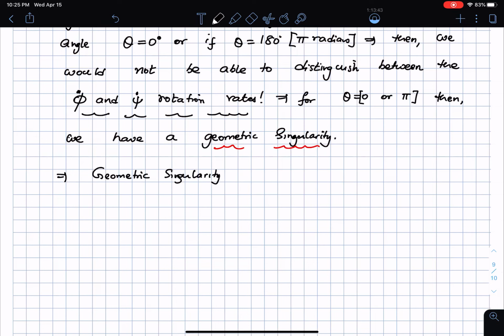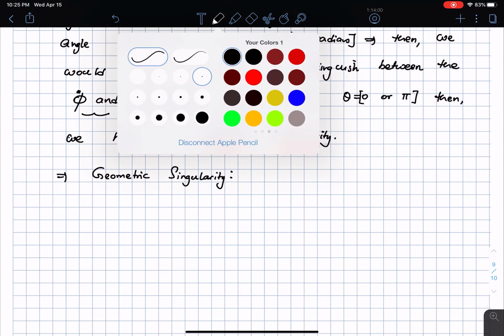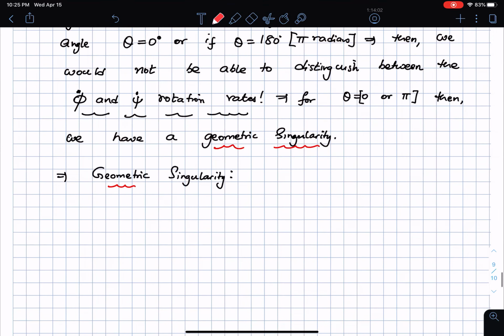Let me rewrite this again. For some reason, as I'm writing more and more on the iPad, my handwriting is getting to become garbage. Okay, so geometric singularity for theta 0 degrees or pi or 180 degrees.